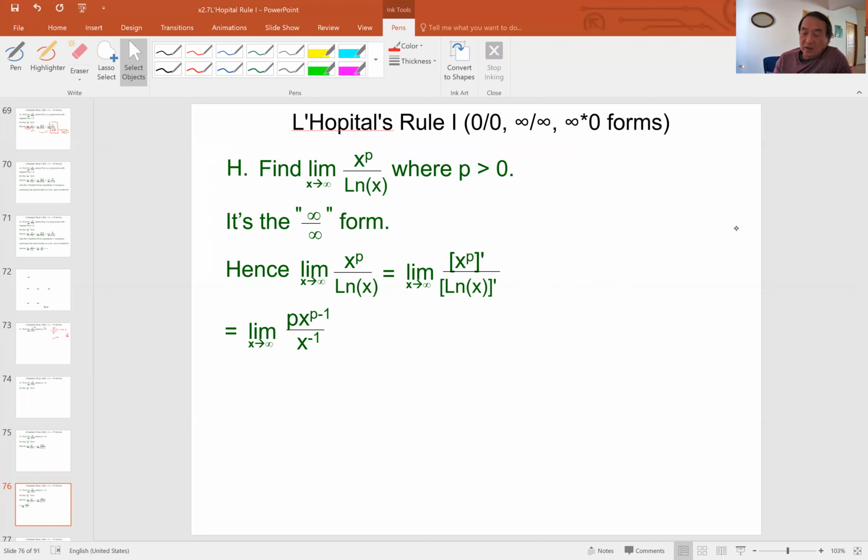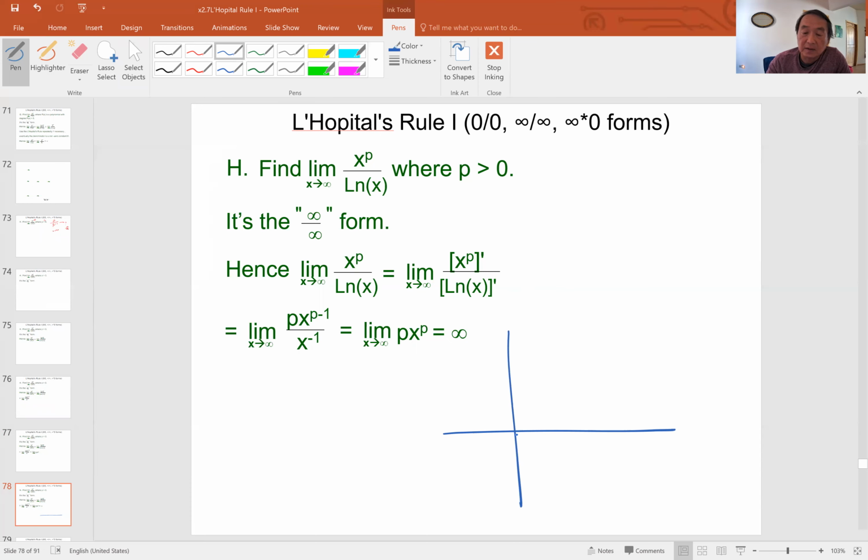I'll let you read about these, but basically you're left with x to the p power, and because p is positive, it goes to infinity. So any power function goes to infinity a lot faster than a log function.